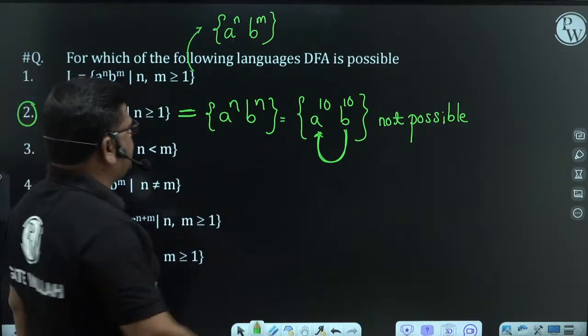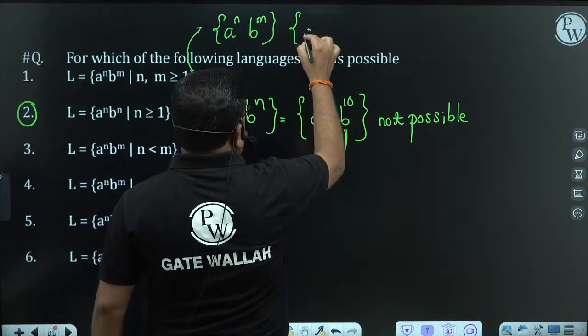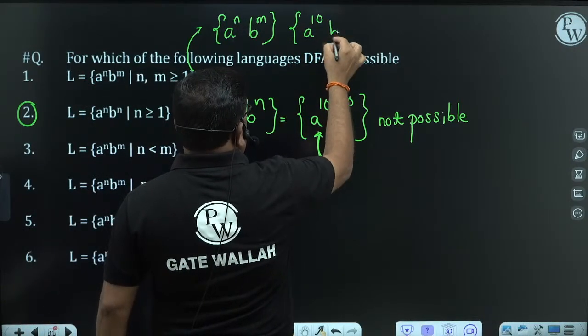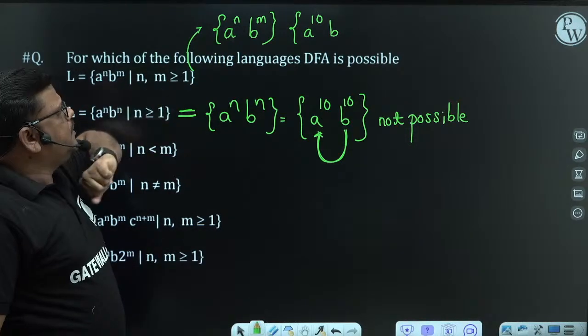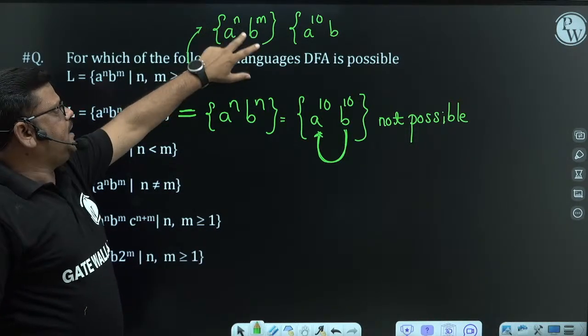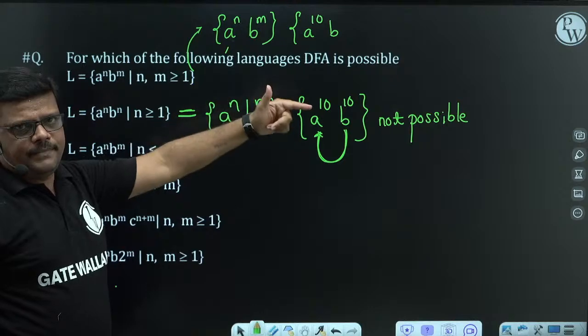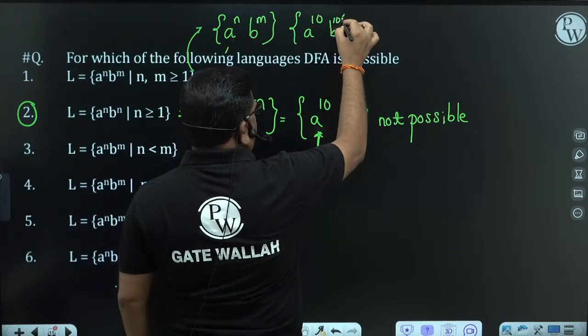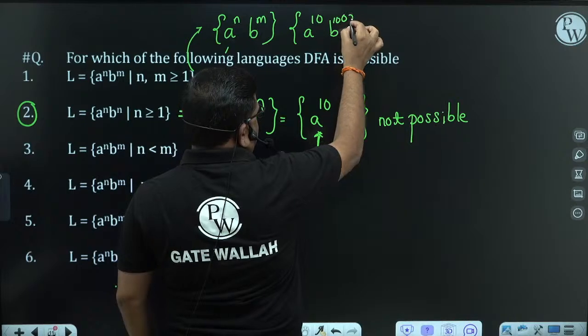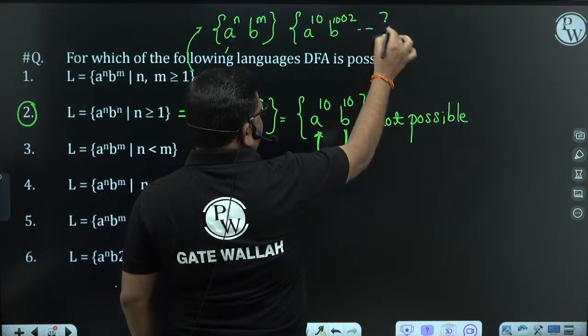It can be anything. So if I take A value as 10, what about B? Is there any dependency between B and A? A value is n, B is m, it can be anything. So I can take 100 B's, 1000 B's, 1002 B's, any number of B's.